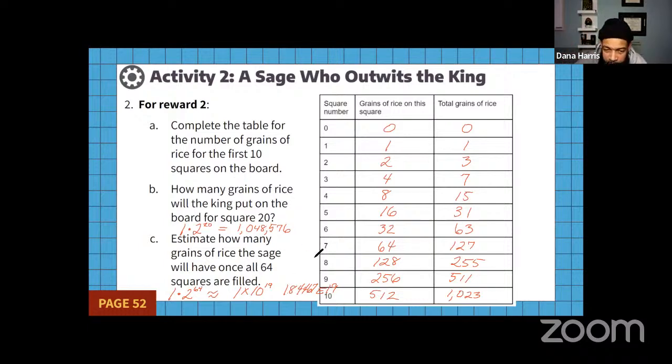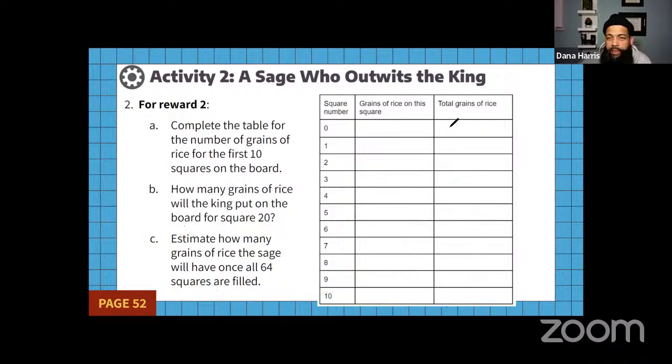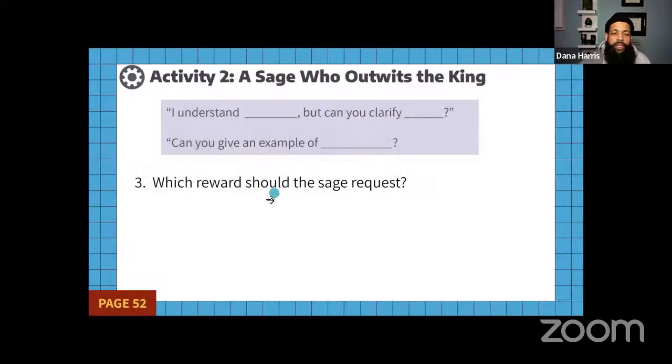And that capital E in a graphing calculator represents scientific notation. So that's just like saying times 10 to the 19th power. So we see this is a very, very large number of grains of rice. So it's kind of obvious when we get to the next question, which reward the sage requested? He should start out with the 1 grain of rice and double it every time.